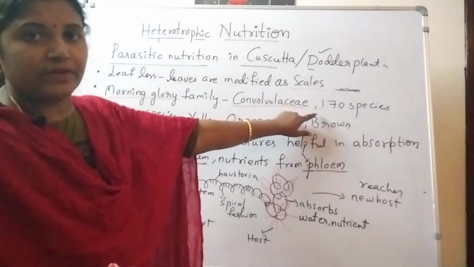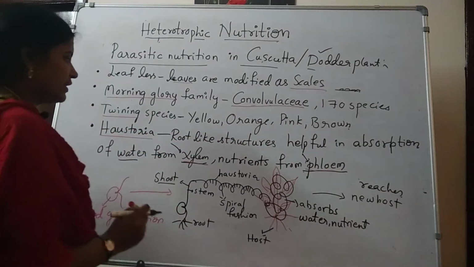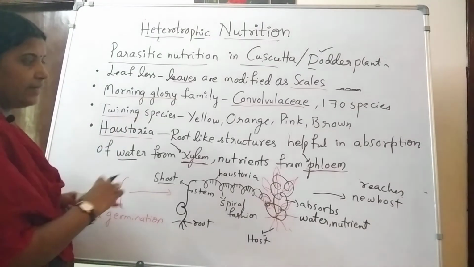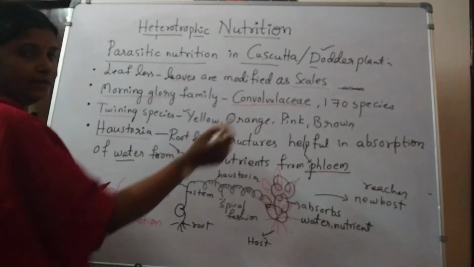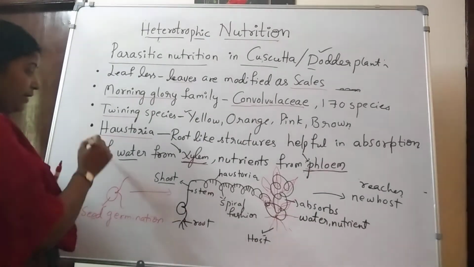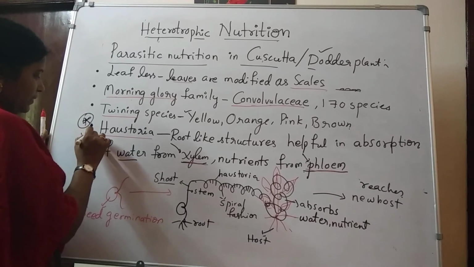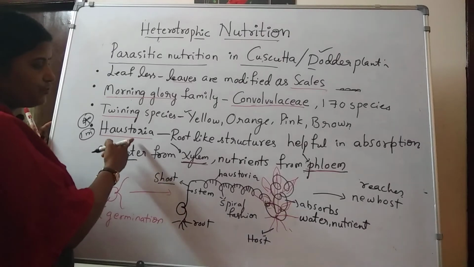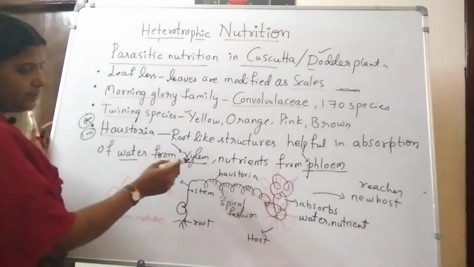How many varieties are there? 170 species are present, and it is a twining species, showing different colors like yellow, orange, pink and brown, and it has special structures. We have a one mark answer: haustorial structures. Haustoria means root-like structures helpful in the absorption of water from xylem and nutrients from phloem.